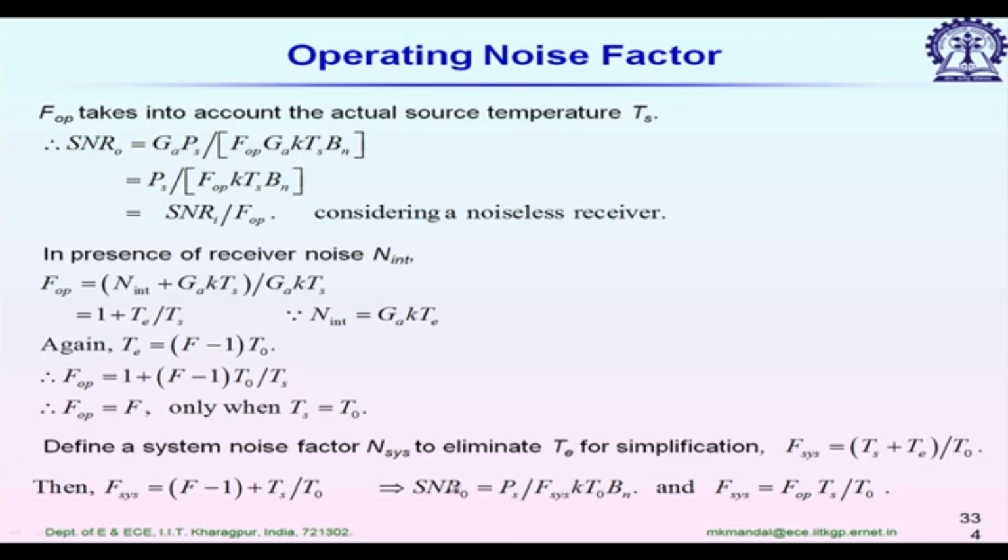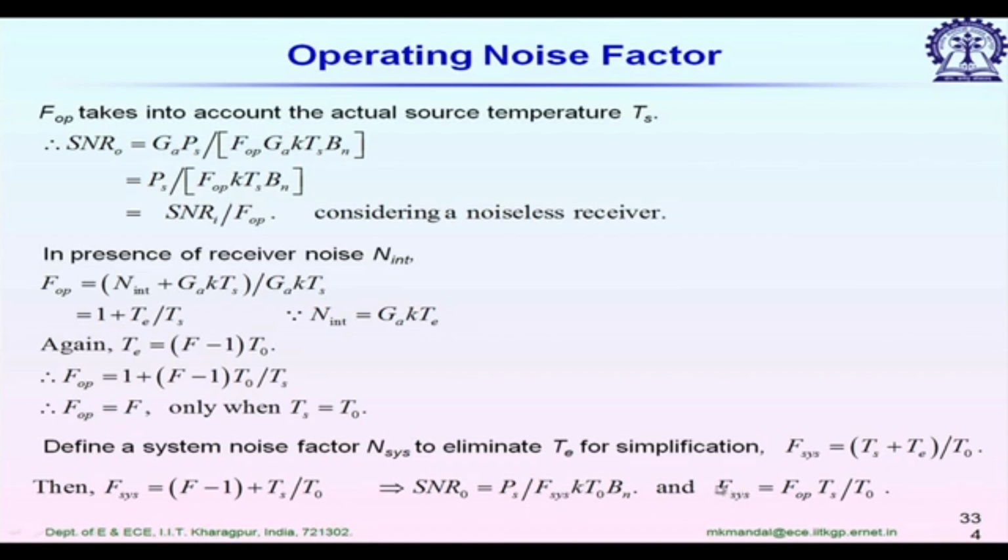Compare this expression with the previous one for a noiseless receiver: there SNR at the output is Ps by that factor, but here it is Ps by F system, not F operating, if we have a noisy receiver, which is the practical scenario.